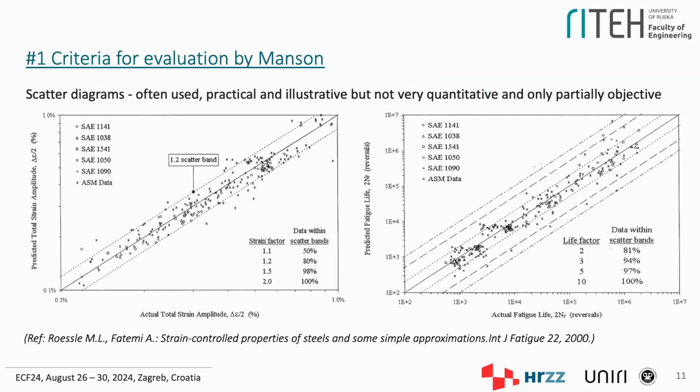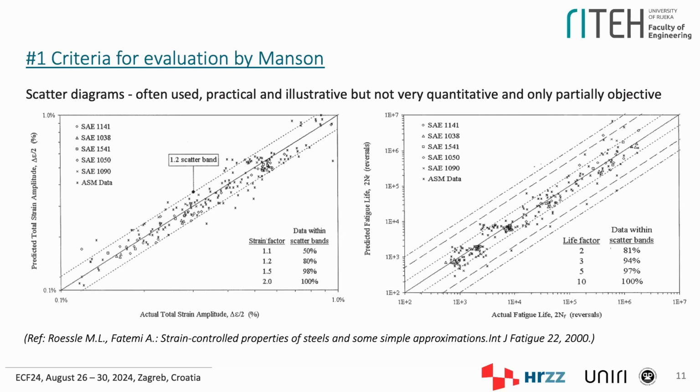The first one is, of course, the presentation of experimental actual data and the estimated ones, in this case fatigue lives, in scatter diagrams where we can see things in a more illustrative manner. It's not very quantitative, so it's difficult to extract actual information from it.